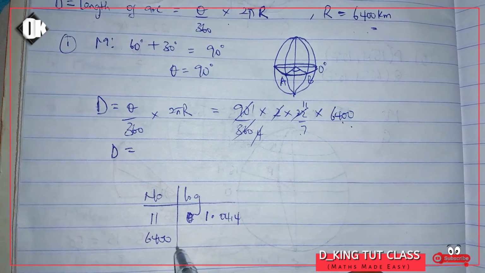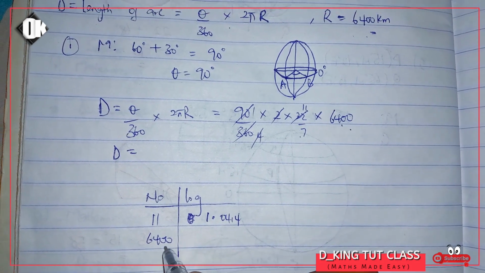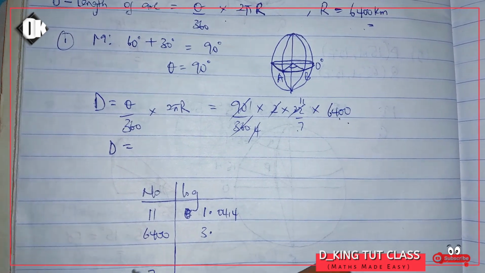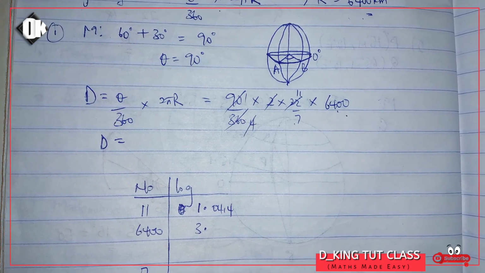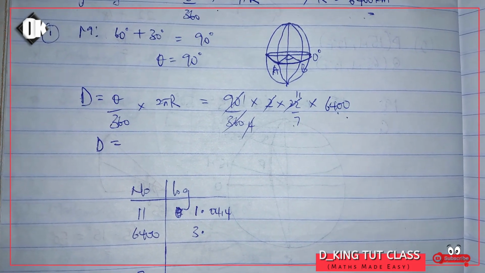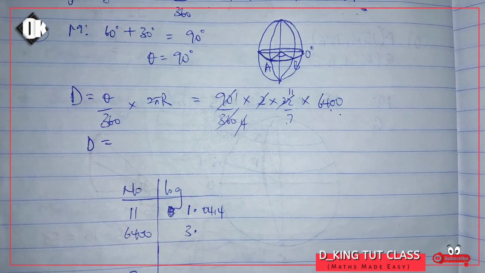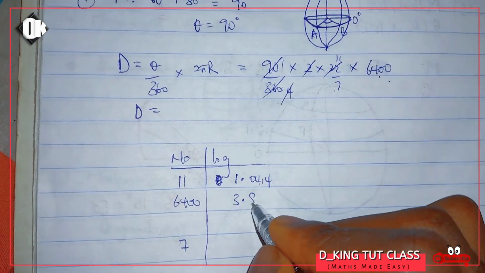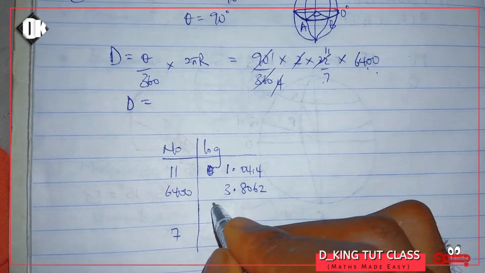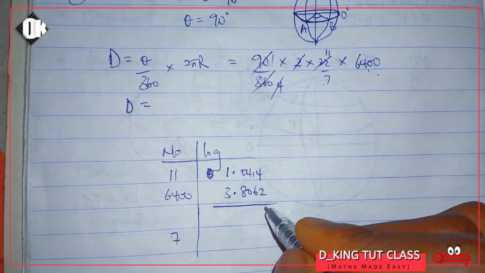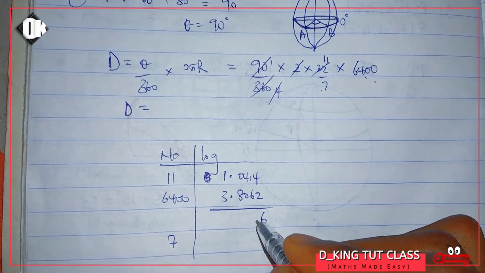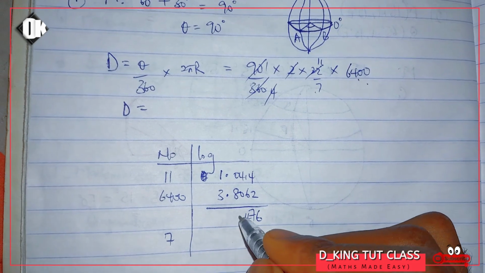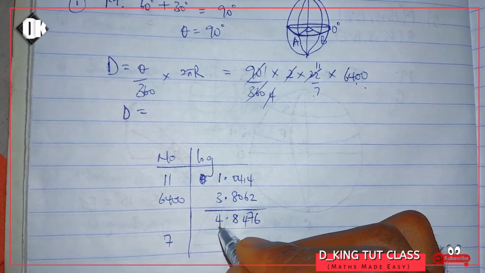Very quickly, then this is 64 under 0. First, this is 3 point. 64 under 0 for my logarithm table, I have it as 8062. So that's 8062. On adding, because of multiplication, this becomes 6, 7, 4, 8, 4.